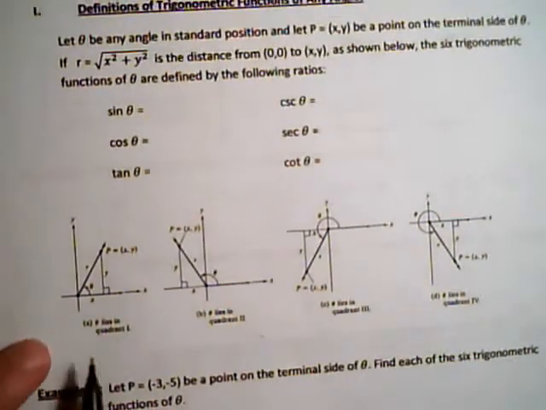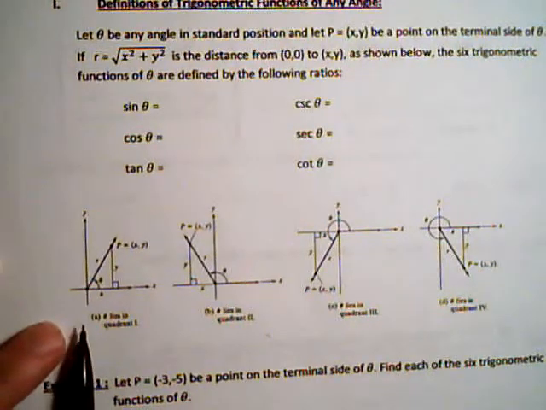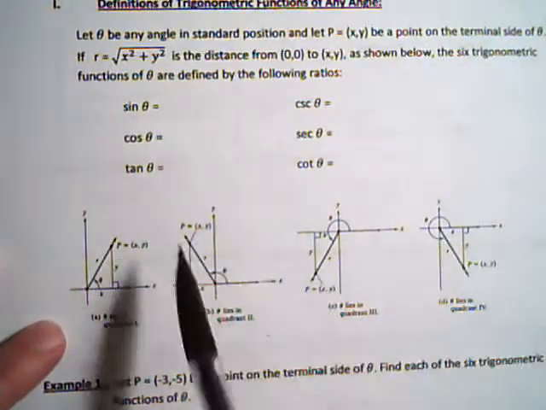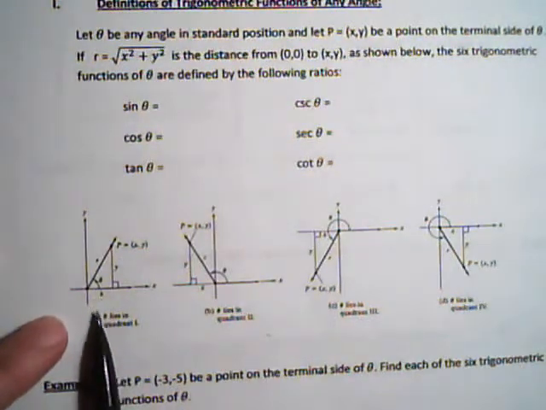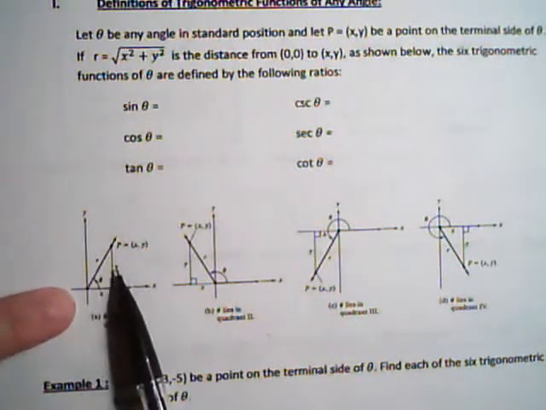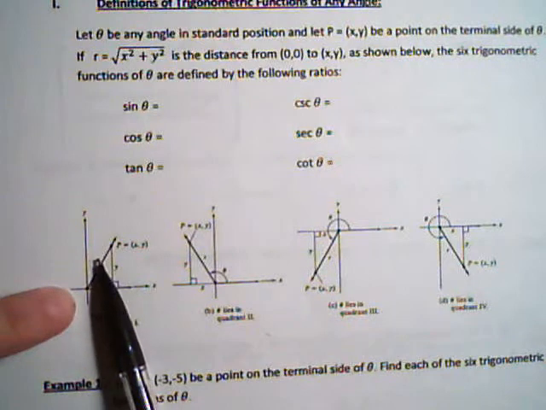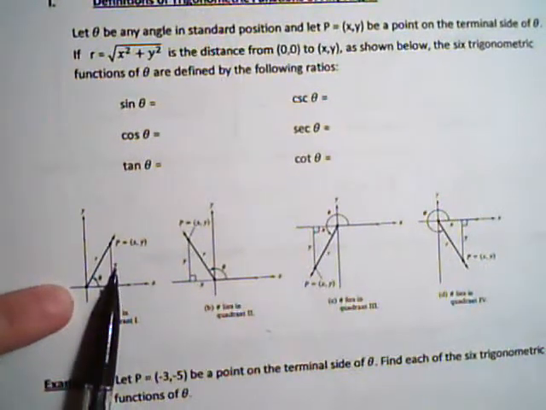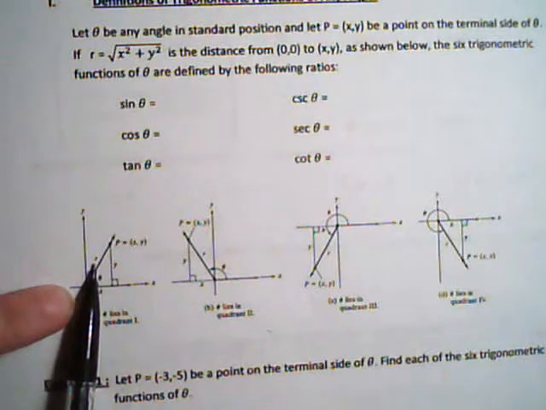For example, let's look at the first diagram. If I'm looking at this angle theta, we can tell by our right triangle definitions that sine would be opposite over hypotenuse. In this case, my opposite side is y, my hypotenuse is r.